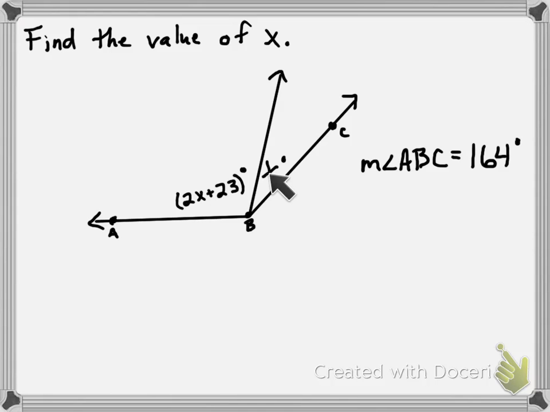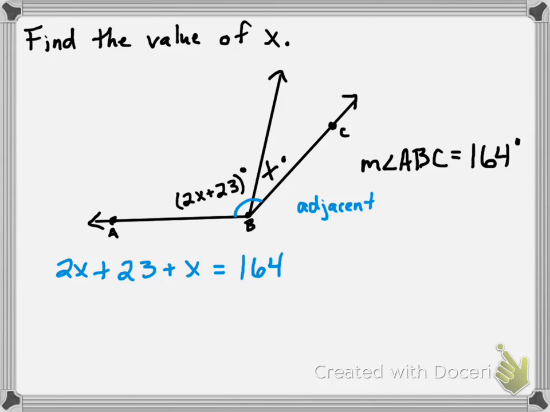I know that these two angles are adjacent because they share a vertex and a side. So that means I know that they add up to equal the total. So I'm just going to add them. Now this time I have to do it algebraically though because I have a lot of variables here. But all I did was 2x plus 23 plus x equals 164.